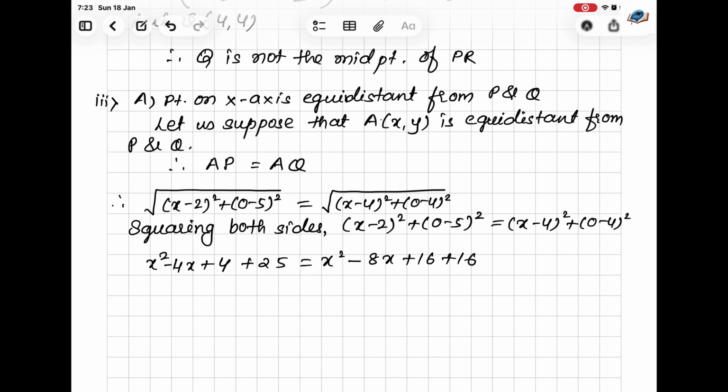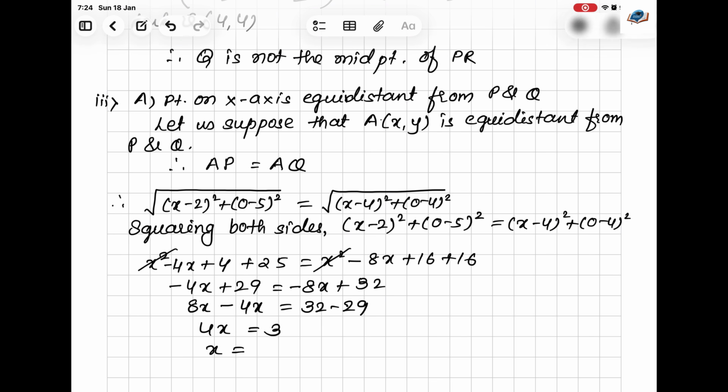So now x square got cancelled on both sides. So minus 4x plus 29 equal to minus 8x plus 32. Now bringing 8x on the left hand side and 29 on the right hand side, I will have 8x minus 4x equal to 32 minus 29. So 4x equal to 3. So x equal to 3 upon 4.